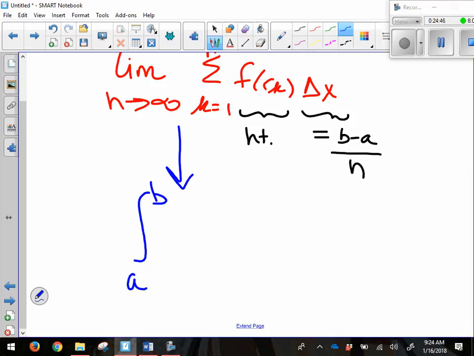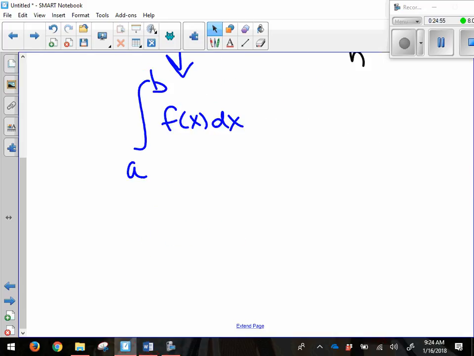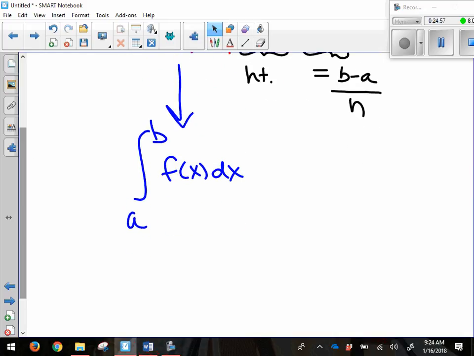So that sum is going to become the integral from a to b of f of x dx as I let n go to infinity.